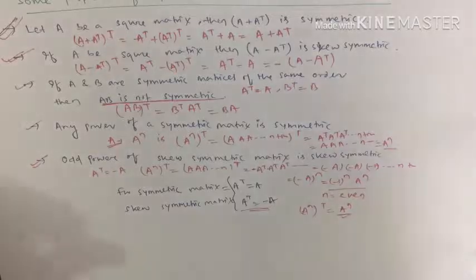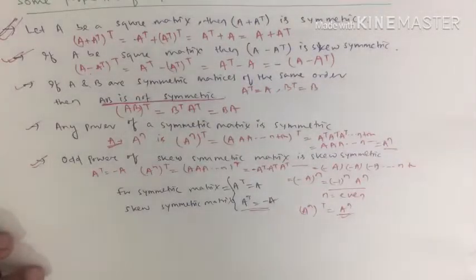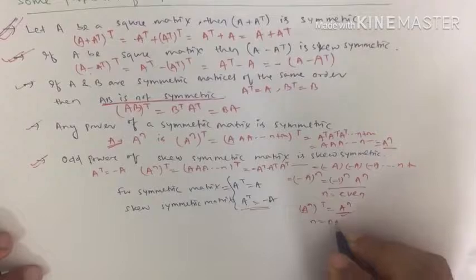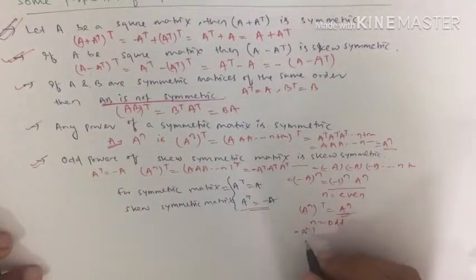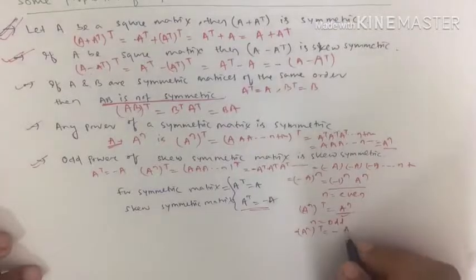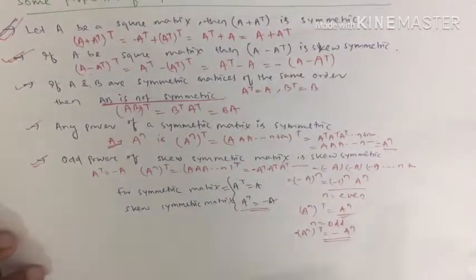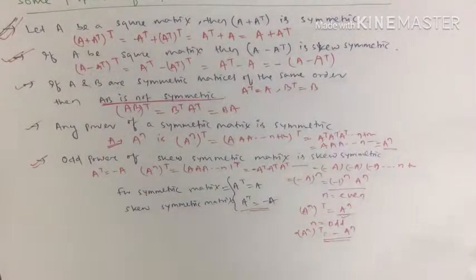So for even power n, A^n is a symmetric matrix. For n equal to an odd number, you will get A^n transpose is equal to minus A^n, which is a property of skew symmetric matrix.